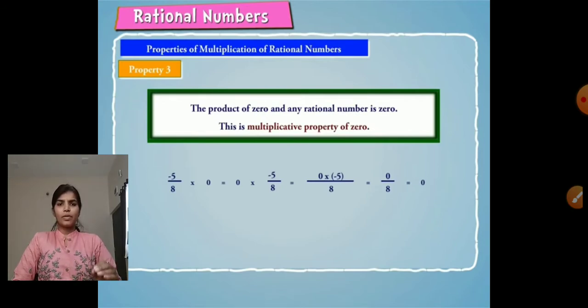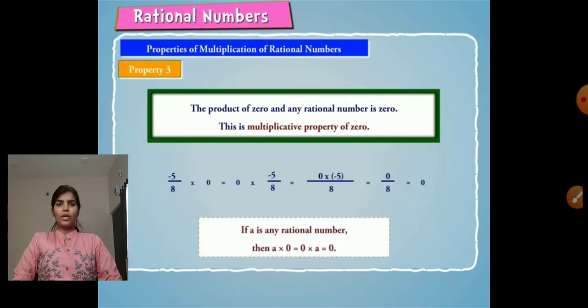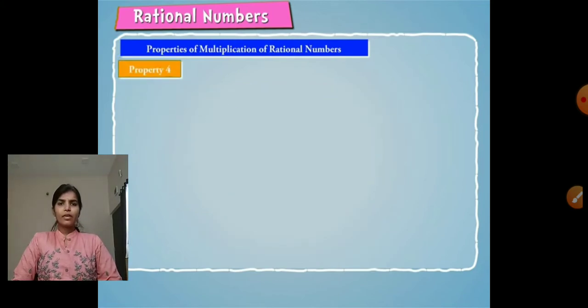This is the multiplication property of 0. If A is any rational number, then A into 0 is equal to 0 into A is equal to 0. Then we will see the next property.